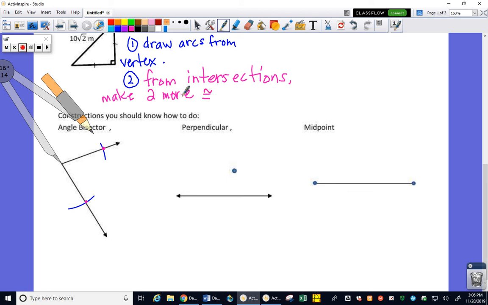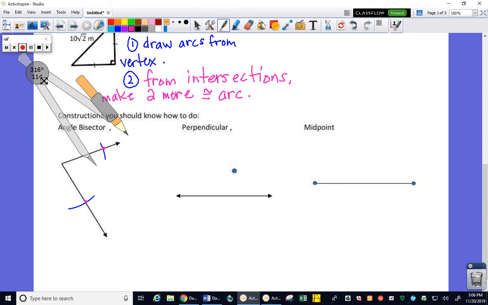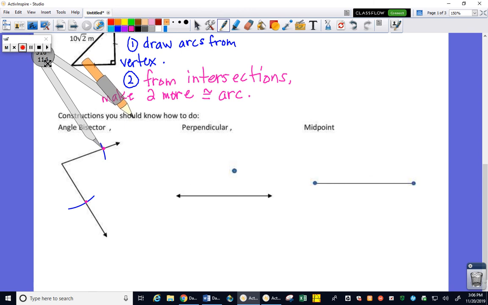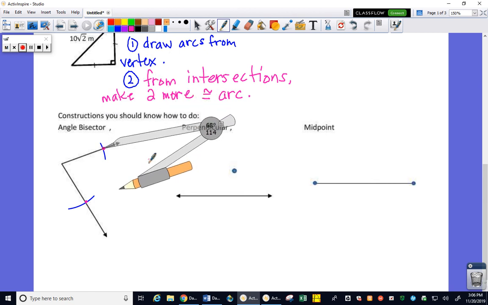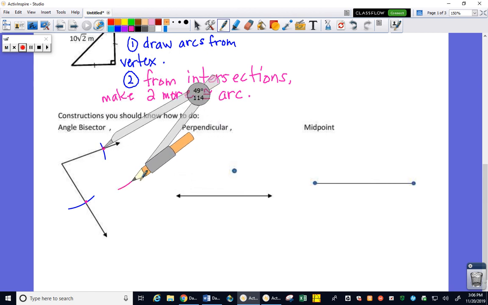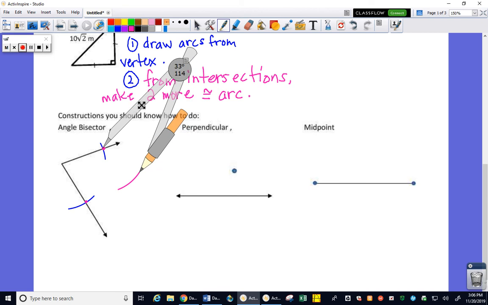The radius is the same, and that's what makes these correct constructions. It doesn't really matter how big you have your arc, but you want to make it out here in the middle somewhere.